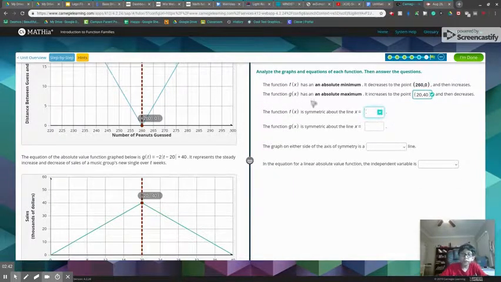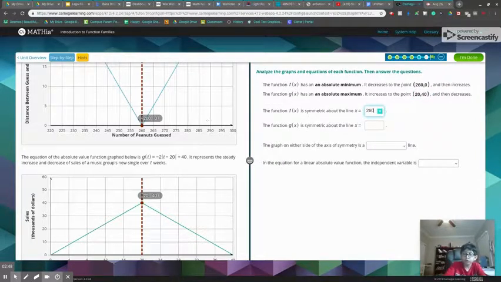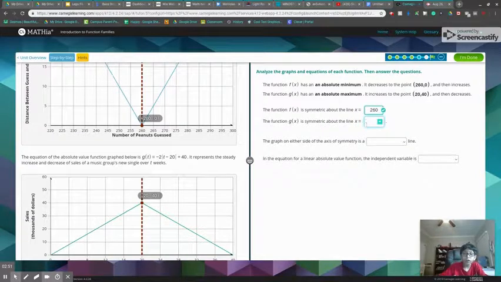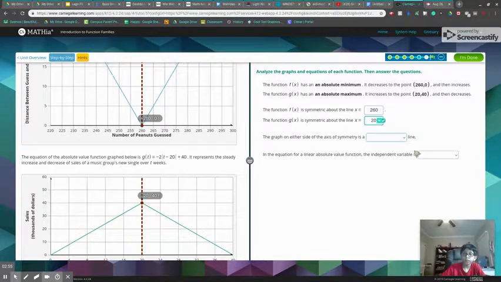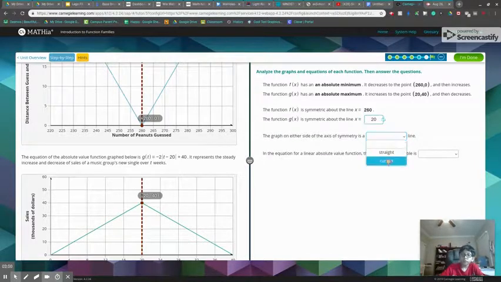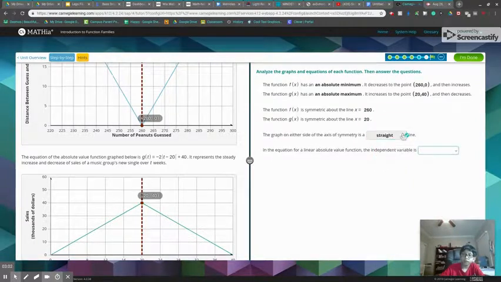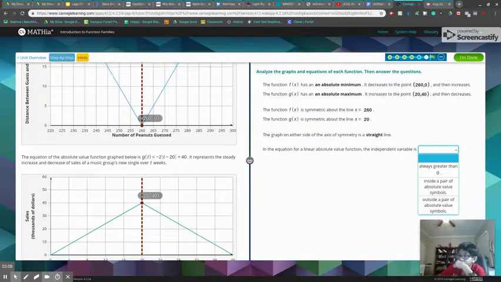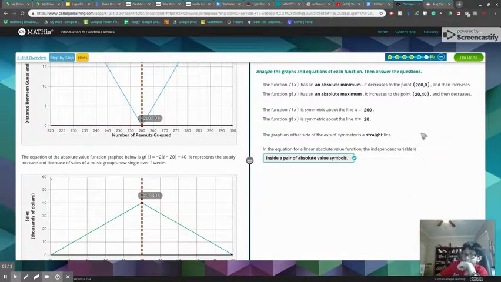The function f(x) is symmetric about the x line is 260, I think. And then the x line over there is going to be 20. The graph on either side of the axis of symmetry, it's a straight line. And in the equation for a linear absolute value function, the independent variable is always in a pair of absolute value symbols.